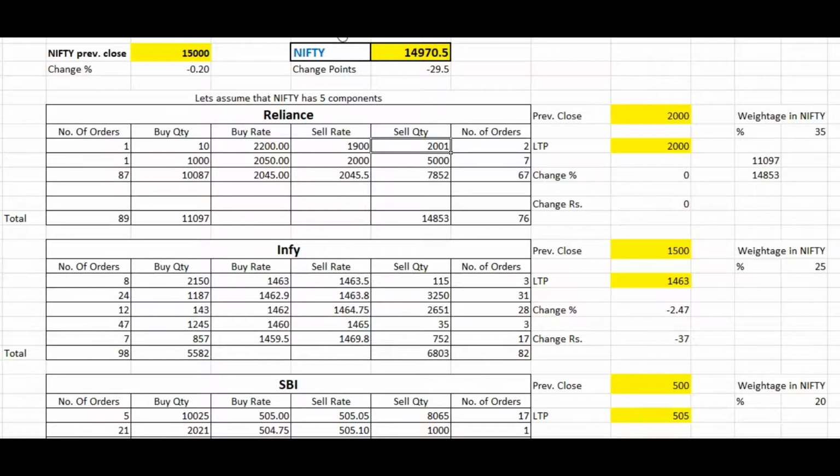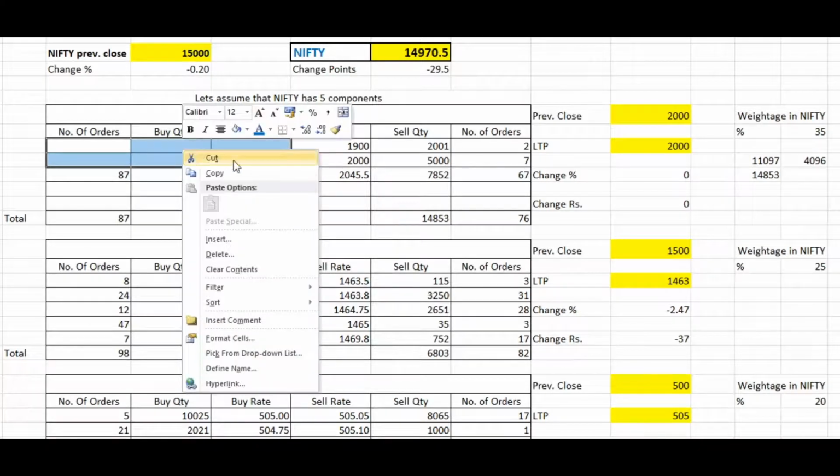So this 7000 will be getting reduced, 11,500 minus 7001. Yes. So this 4,996 quantity will be executed at the rate of 2045, and this quantity also will vanish.